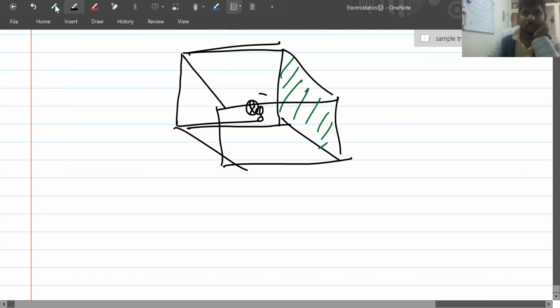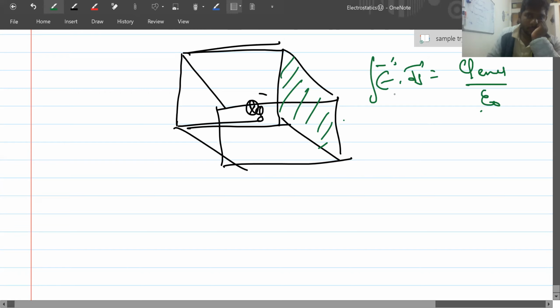Now, I can use integral E dot ds is equal to Q enclosed by epsilon naught. This entire surface can be divided into 6 surfaces, where each surface carries equal flux.